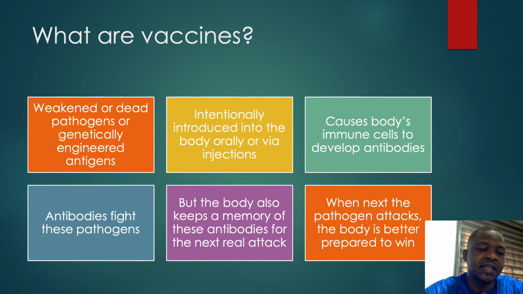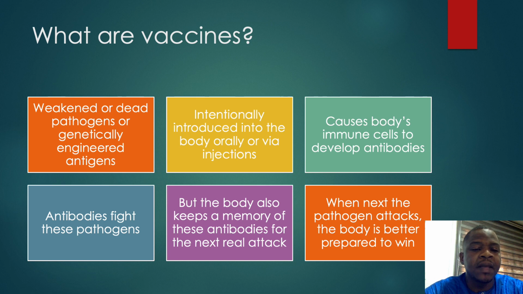It is now these antibodies that fight pathogens when they then get into the body in form of infection. Now, beyond weakened or dead pathogens, there are also some genetically engineered antigens that still play the same role that weakened or dead pathogens play as components of vaccines.